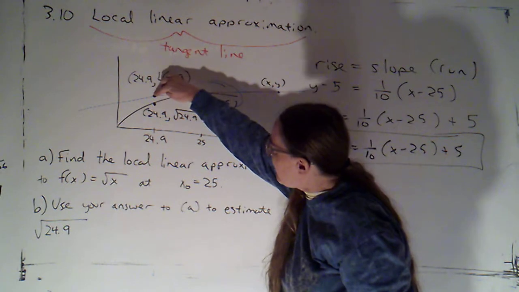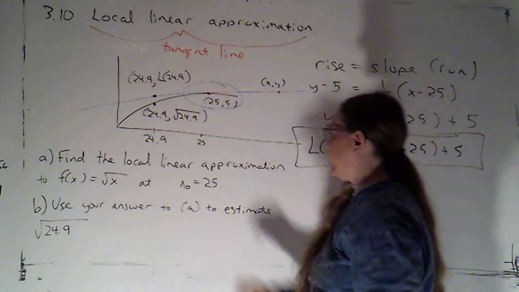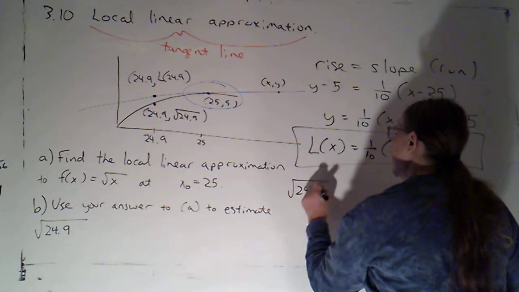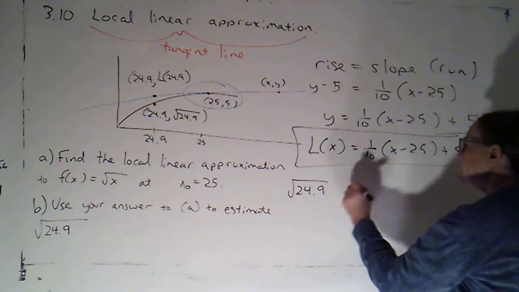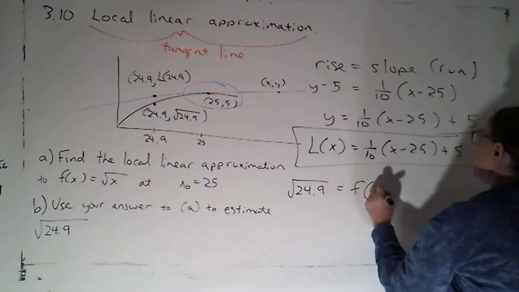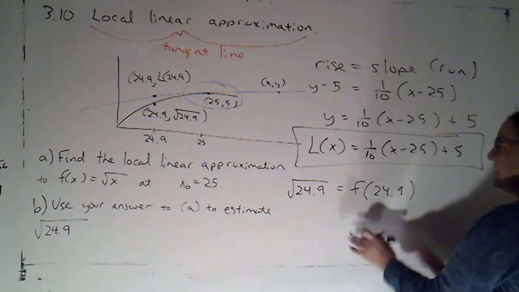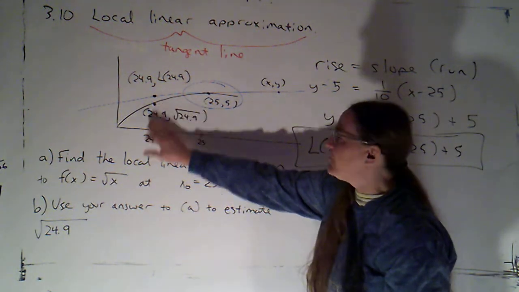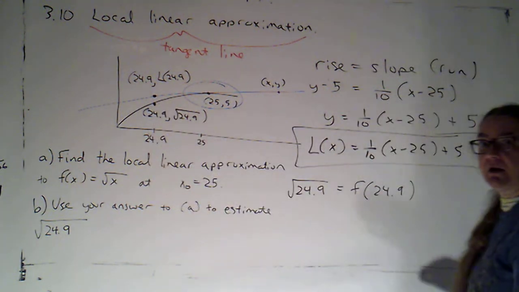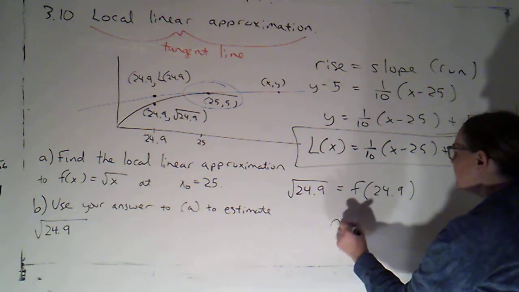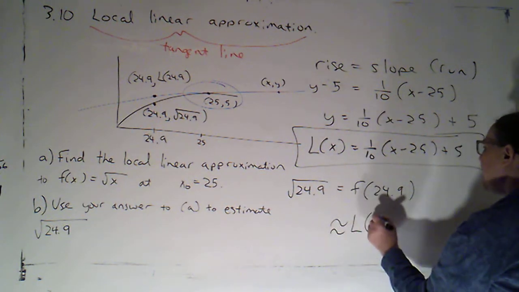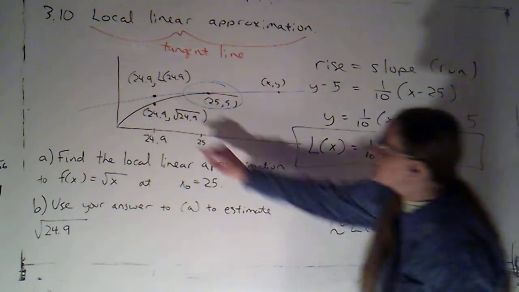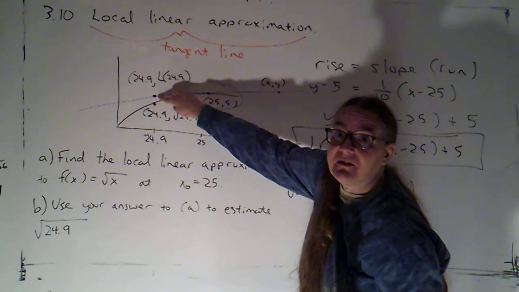So I can say this y value is close to that y value. Okay. So essentially we're saying root 24.9, that's equal to f of 24.9. That's the y value on the curve that I get when I plug in this x value. We're saying, hey, but that's close to L of 24.9, that's close to the y value on the line.